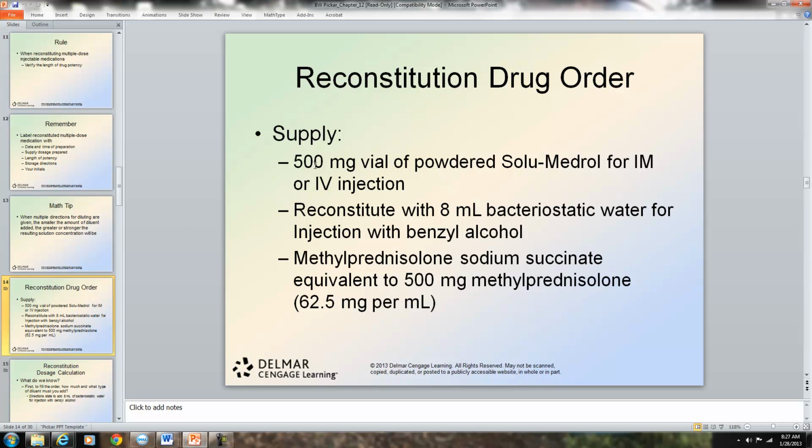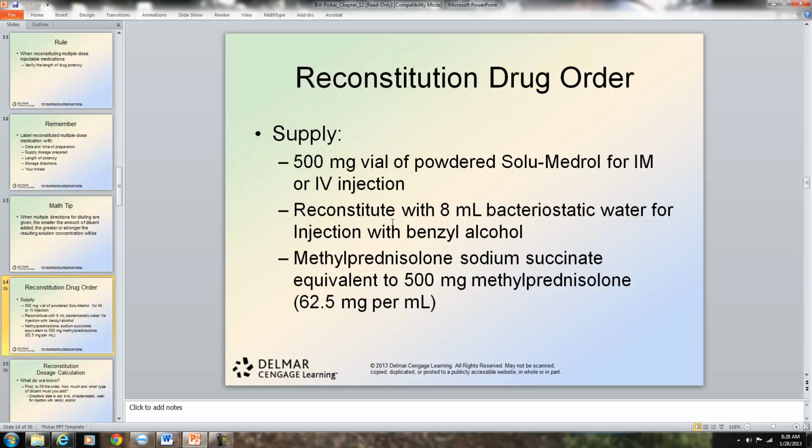Alright, if you have a 500 milligram vial of powdered Solu-Medrol for IM or IV injection, so in the muscle or by IV, this medication can be given.